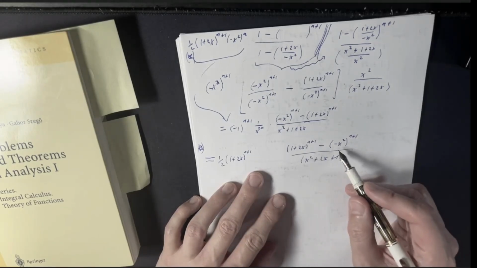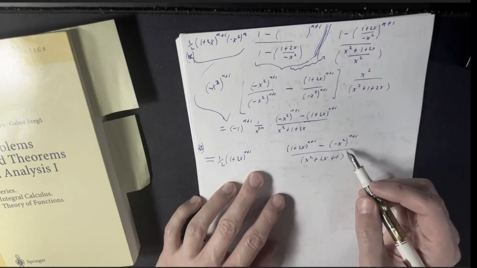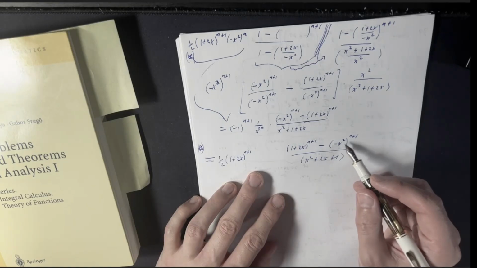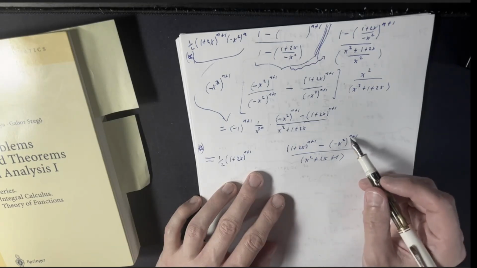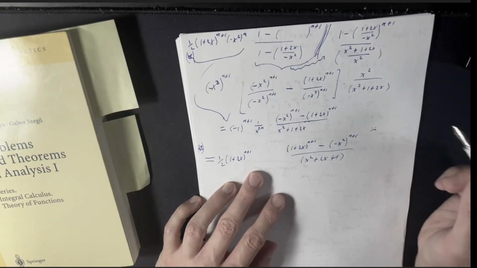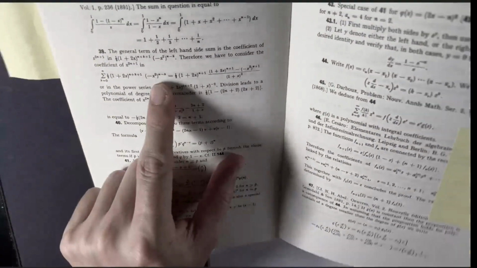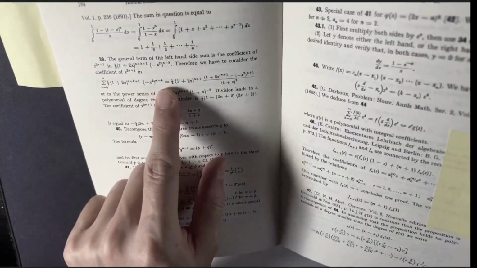We could probably go further. X to the 2n plus 2. Alright. Time to see what he did. We're fine with this. Oh, right.